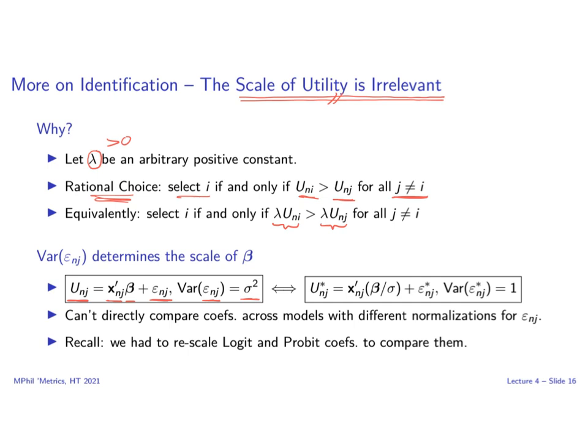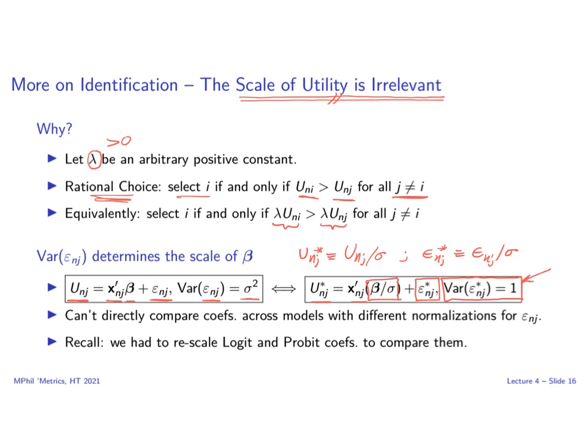If we choose to multiply by 1 over sigma, we'll obtain a rescaled model of the form U_nj star is equal to x_nj prime multiplied by a new parameter vector, beta divided by sigma, plus a new error term, epsilon_nj star, where the relationship between the two utilities is U_nj star equals U_nj over sigma, and epsilon_nj star is equal to epsilon_nj over sigma, so that the variance of this new error term, epsilon_nj star, is equal to 1.